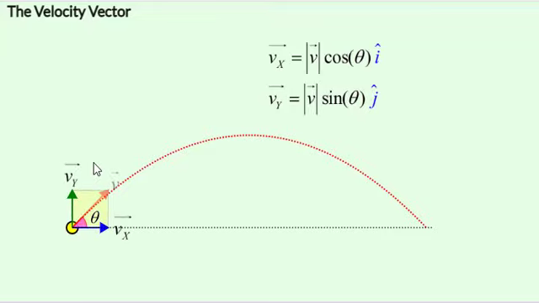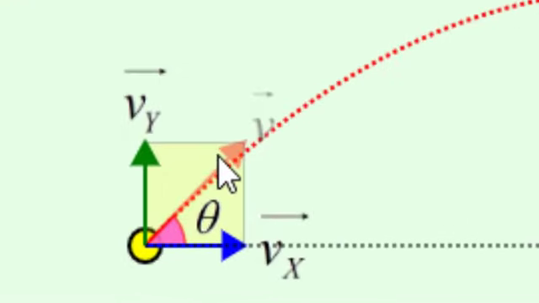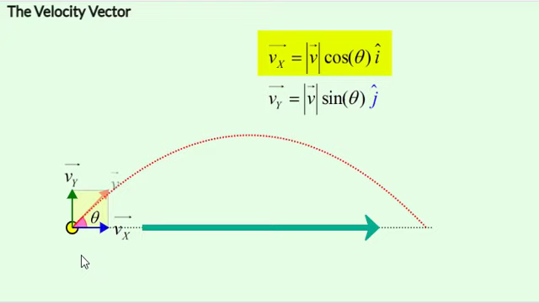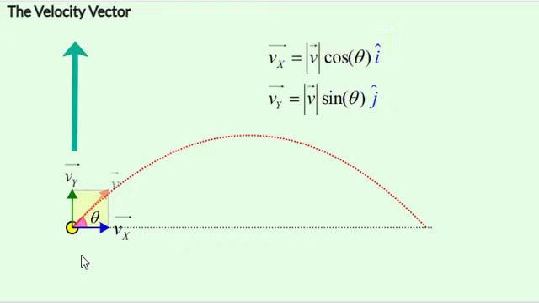To make the analysis simpler, we resolve the initial velocity vector into its components along the x-axis and along the y-axis. Vx, its component along the x-axis, is v cos theta, and Vy, its component along the y-axis, is v sin theta.